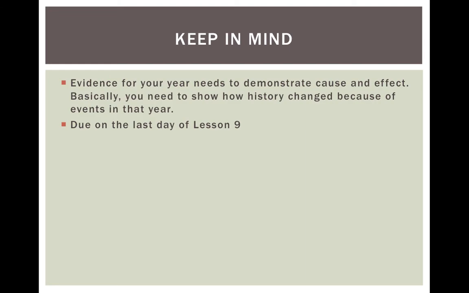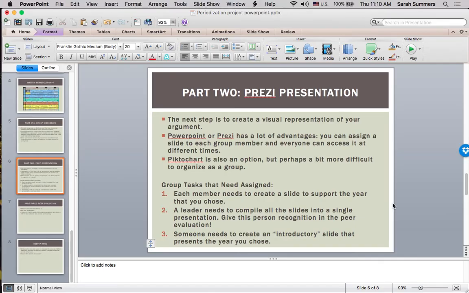So make sure your evidence demonstrates change over time. Second, the due date of the project is the last day of lesson 9 at 11:59 midnight to Dropbox. So whoever's in charge of putting the whole thing together needs to upload it to Dropbox.